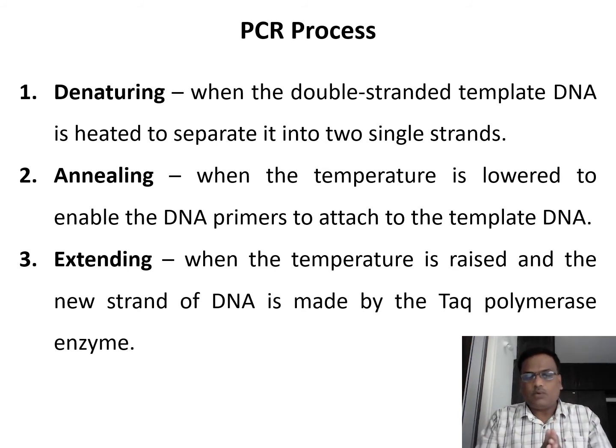In the first cycle, what happens? The fragment of DNA, the two strands get separated, and the primer gets attached to the template. So two templates are there. And then the Taq polymerase enzyme will start producing the opposite strand. So at the end of the cycle, you have two DNA fragments.